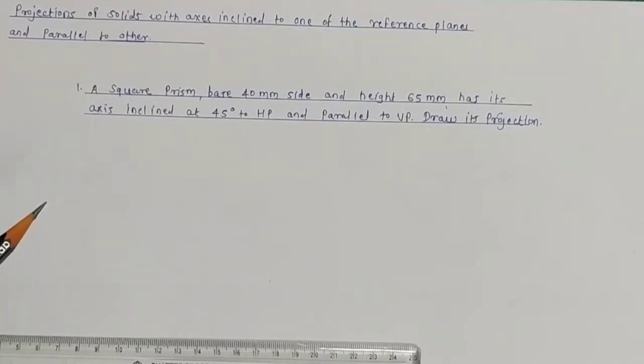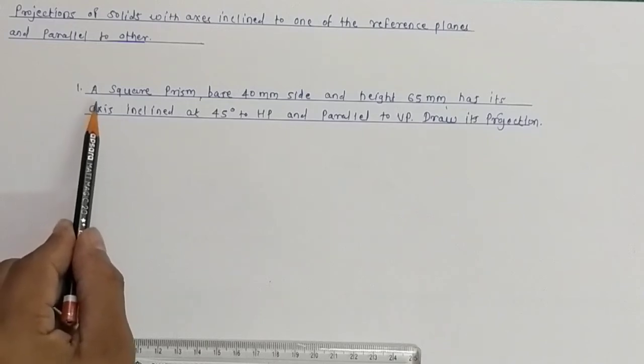In the initial stage, the solid is assumed to be in the simple position, that is, axis perpendicular to one of the planes. And second, the final projection may be obtained by one of the following two methods: alteration of position method, and alteration of reference line or auxiliary plane method. So we want to use the alteration method.